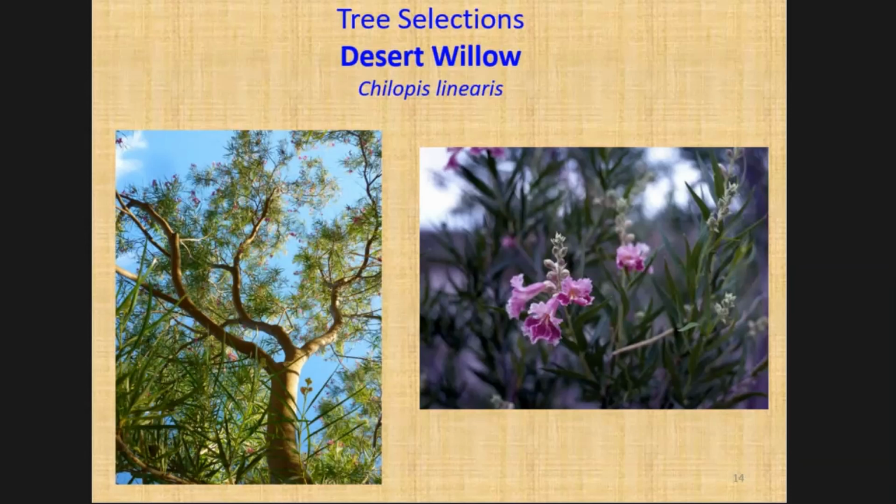This tree can also be crossed with a catalpa tree. The catalpa tree has a large white flower that's also trumpet shaped, and we know trumpet shaped flowers are great for hummingbirds. They just love that.